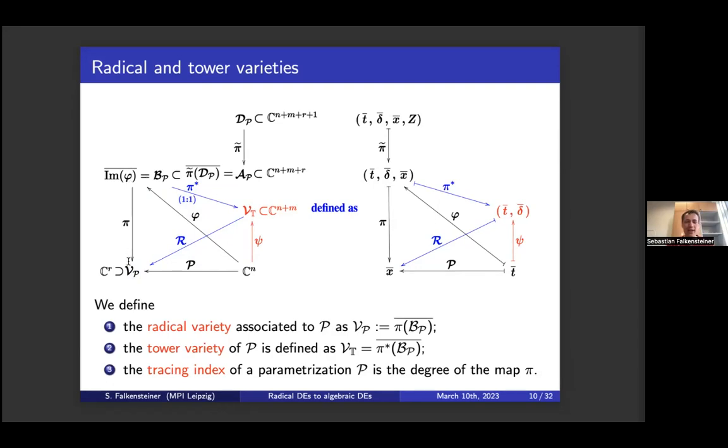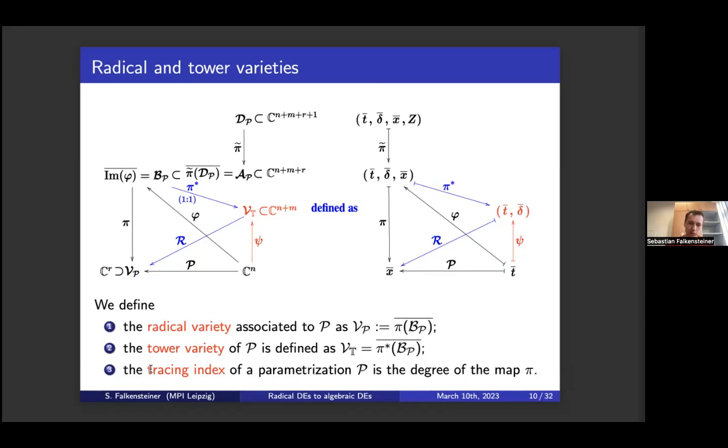And then we can take projections to go back to these two varieties, and they will be very important for us. So this tower variety giving us the parameter values and the radical expressions, and the radical variety, which is basically the image of the given radical parametrization, they are very important for us.